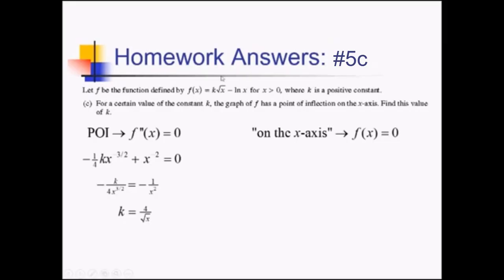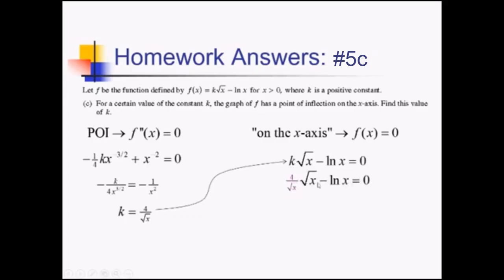If it's on the x-axis, the original function returns 0 as the output. So we can then write k radical x minus ln of x equals 0. Now this looks kind of gnarly, but we do know kind of what k equals. k is 4 over the square root of x. So we can substitute 4 over radical x in for the k up here. So we have 4 over radical x times radical x minus ln of x equals 0.